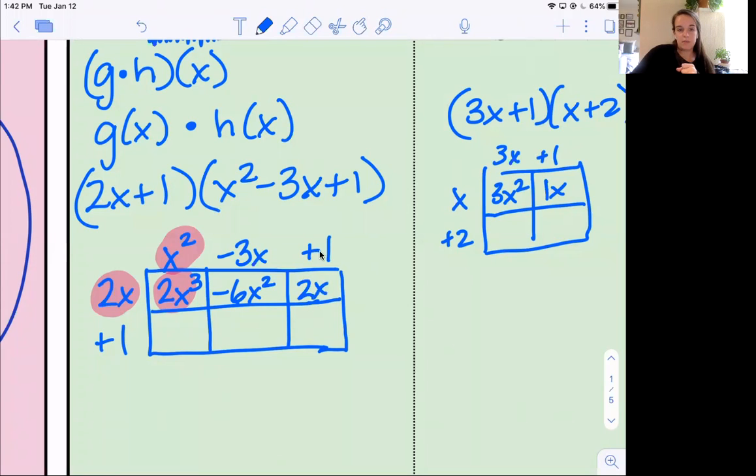To go into this box here, I would do X squared times 1, X squared. This box here, negative 3X times 1 would be negative 3X. And then 1 times 1 would go here, so 1.